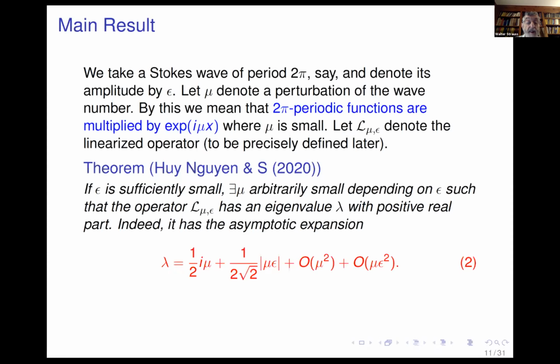It's an operator, and the theorem says that L has an eigenvalue lambda with a positive real part.